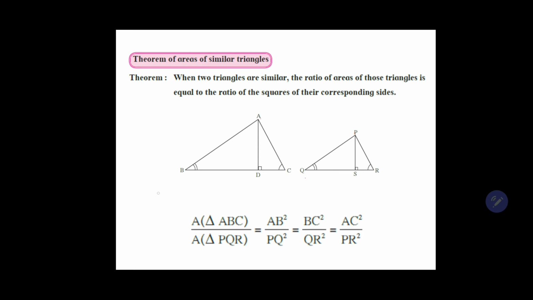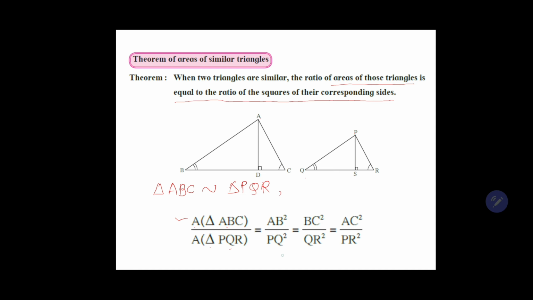That means if triangle ABC is similar to triangle PQR, then the area of triangle ABC divided by the area of triangle PQR is equal to, according to this theorem, the ratio of squares of their corresponding sides.